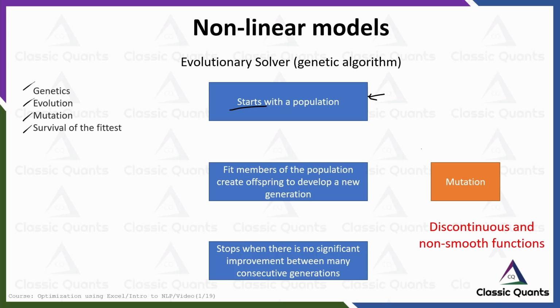And then what is the next step? The next step is that the fit members of that population are allowed to produce offspring. So what do you mean by fit members?